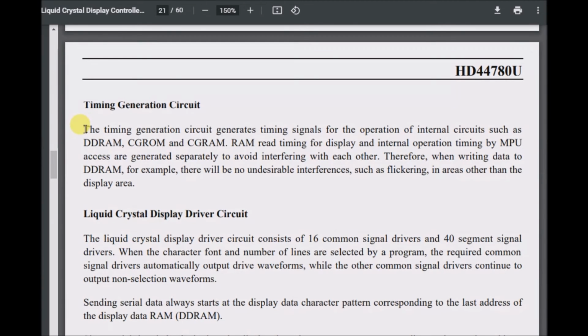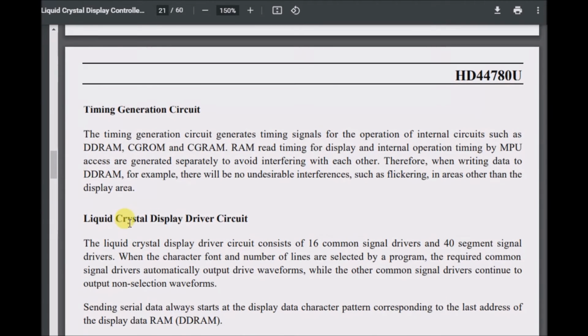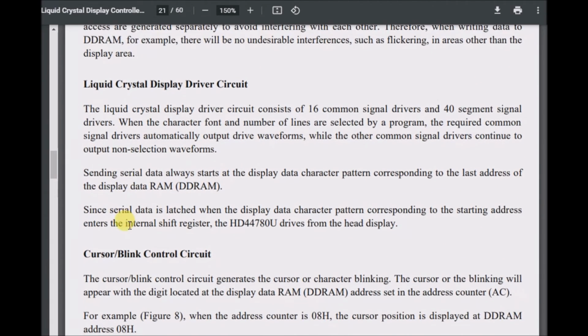RAM read timing for display and internal operation timing by MPU access are generated separately to avoid interfering with each other. Therefore, when writing data to DDRAM, for example, there will be no undesirable interference such as flickering in areas other than the display area.